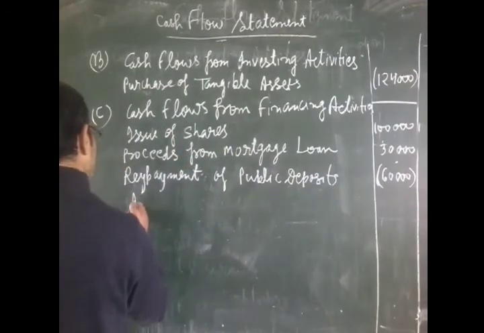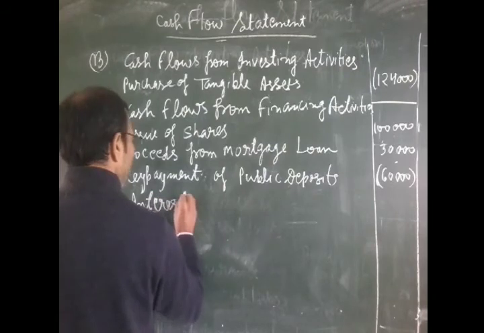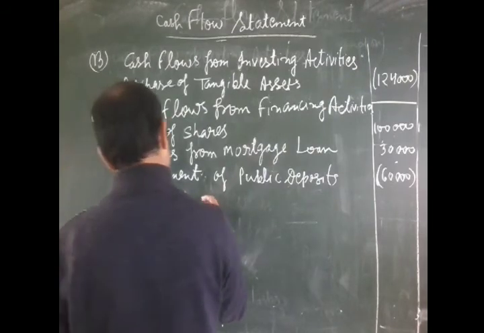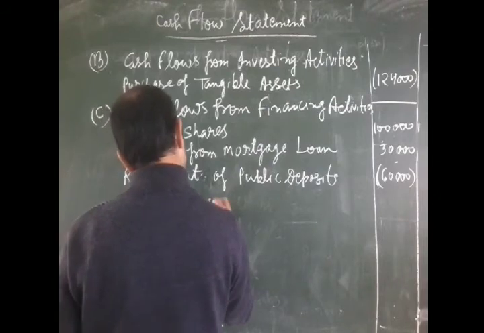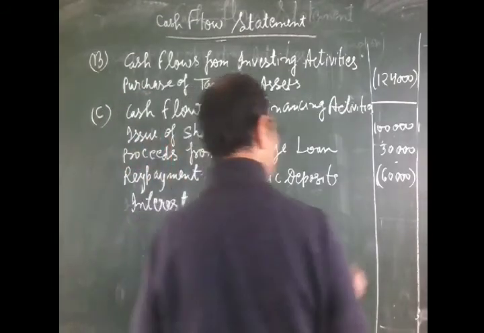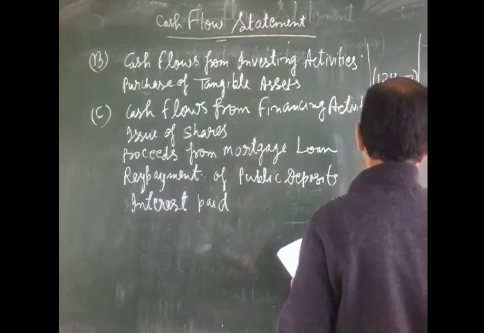And another item is interest paid. As you know, it also goes out, so it will also come in bracket because it is a minus.